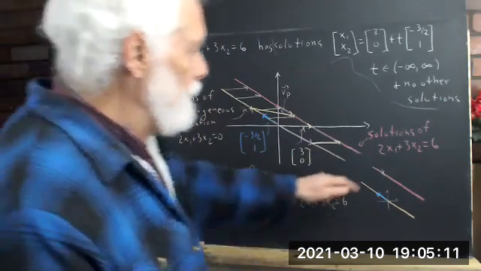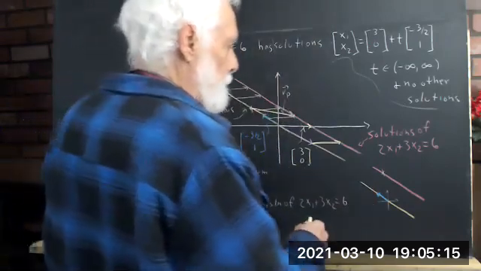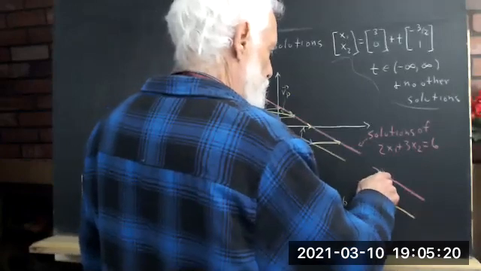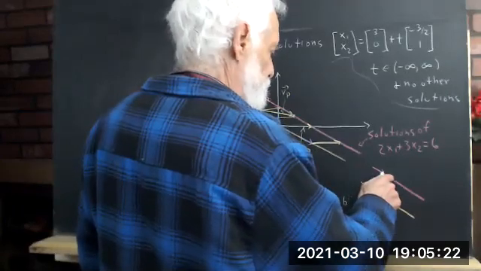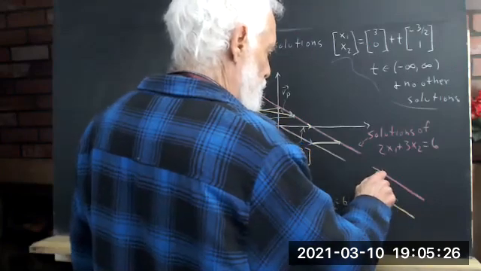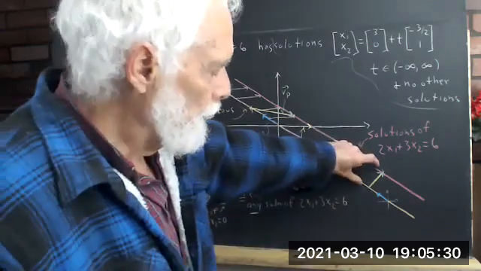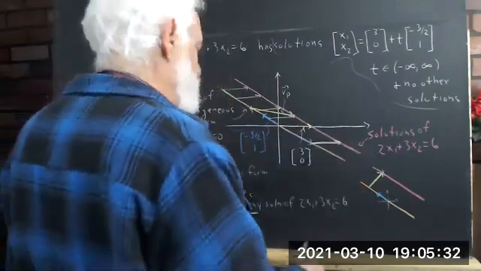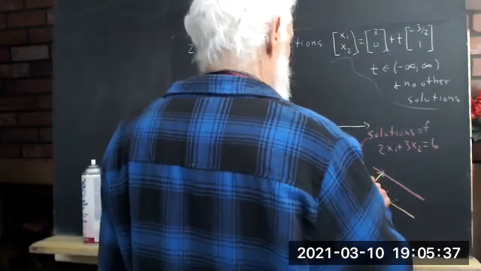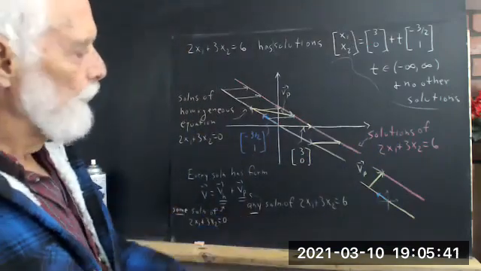Then I can get to this point from a whole variety of points, okay? And kind of analogous to what I drew there, I could get there with this vector. This would be a VP, a particular solution.